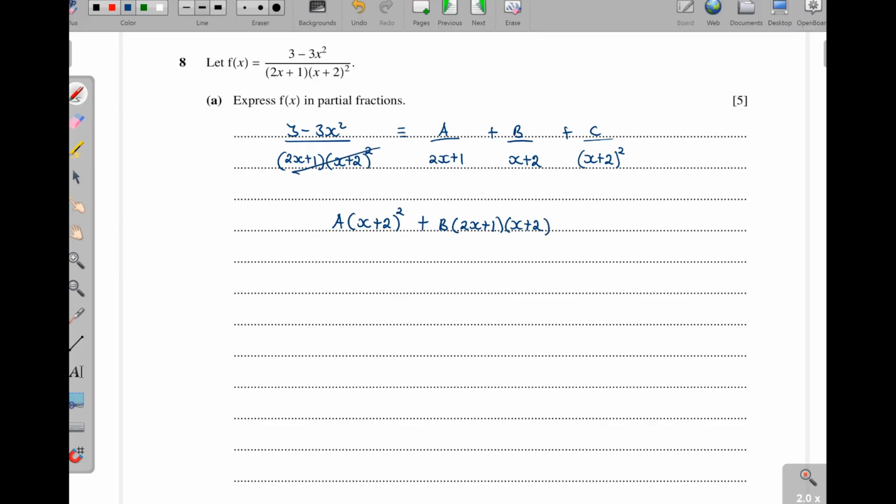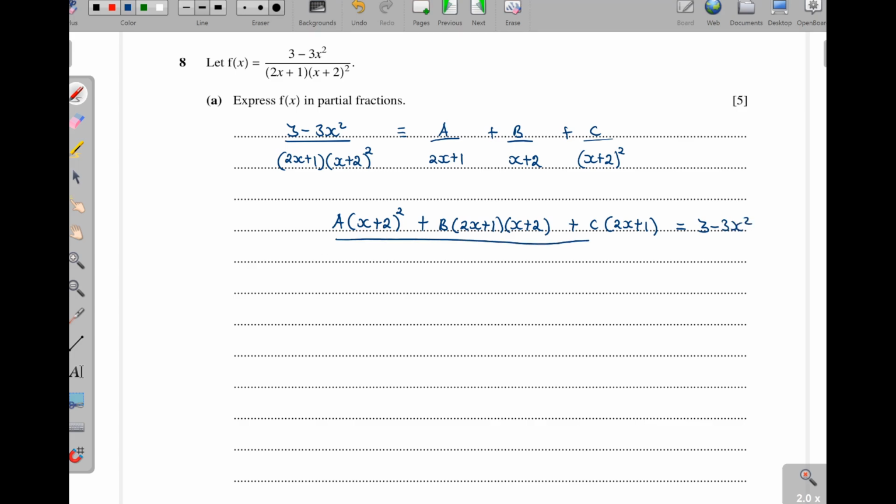Then you get this, divide by this. So of course, this one will go. We remain with this, then times the c. So we shall have plus c into 2x plus 1. Then we equate to the numerator here. Why do we equate to that numerator?